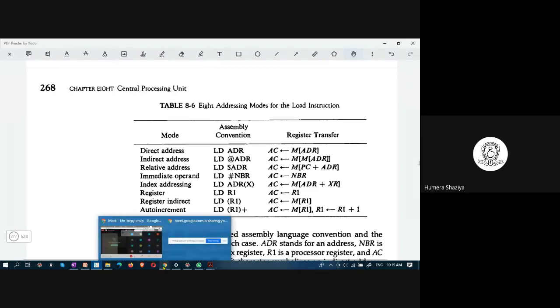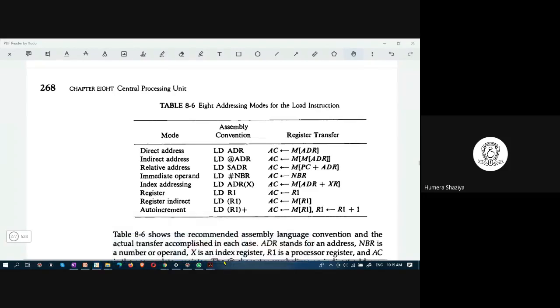To do that, these are the assembly conventions. Assembly conventions means when you write an assembly language program and need to specify which load you are trying to use, in the sense of which addressing mode you are using in order to load the data.